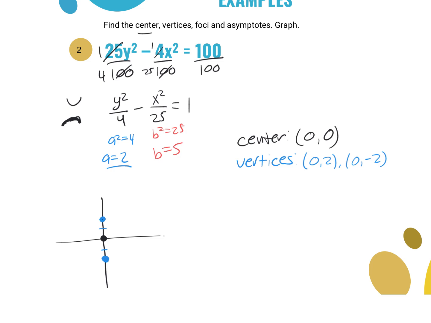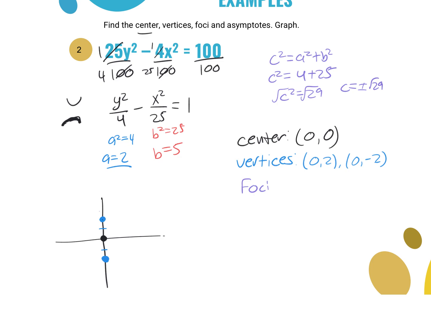More information that we can find are the foci, right? For our foci, we use this little formula, c squared equals a squared plus b squared. In this case, it's going to be 4 plus 25, which means that c squared is 29. And then when you square root both sides, we get c is plus or minus the square root of 29. That means I'm going to go up and down square root of 29 units. Square root of 29 is more than the square root of 25, so I know it's going to be a little bit more than 5, right?